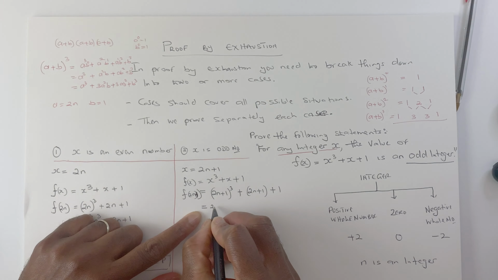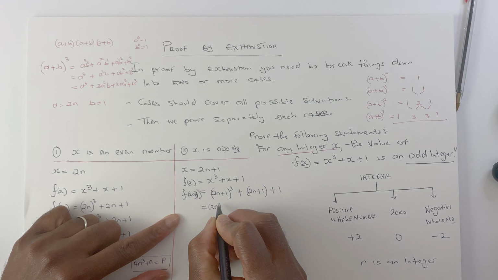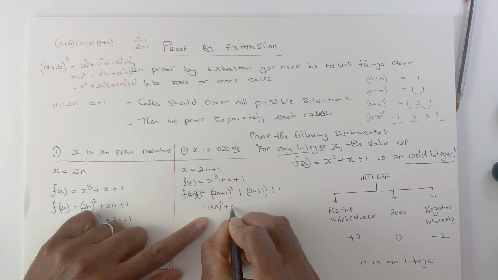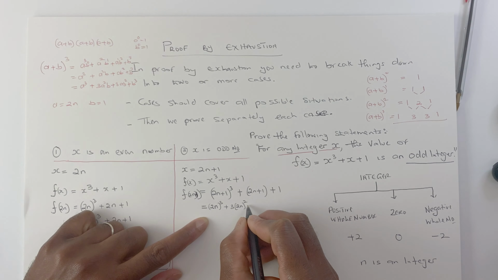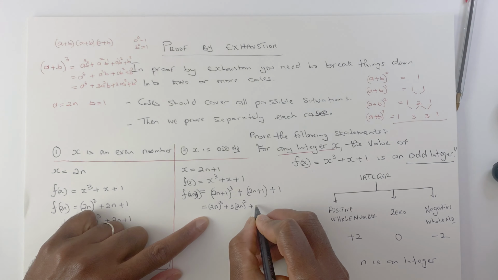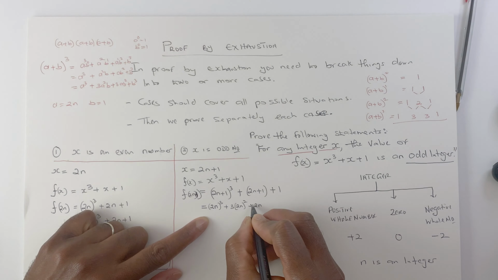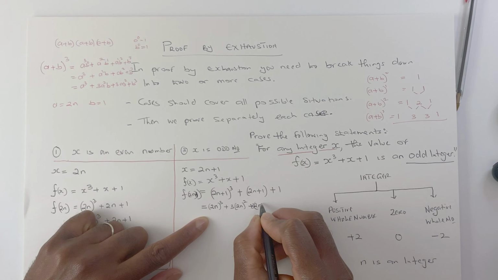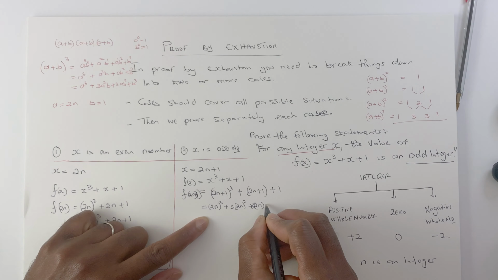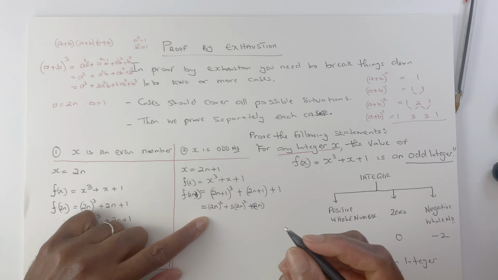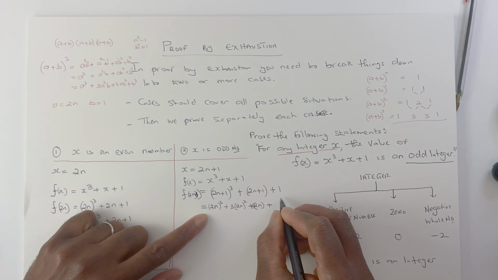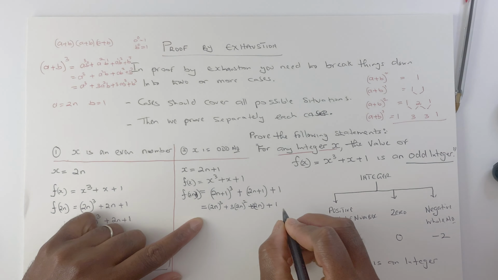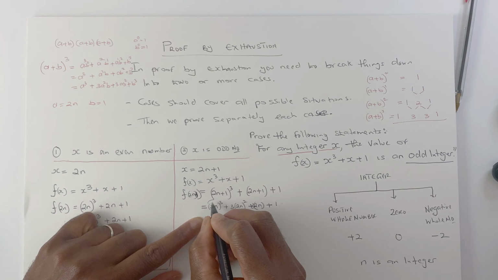I'm going to write (2n) cubed, plus 3 times (2n) to the power of 2 and then b, which is 1 to the power of 1, so that's just 1, plus 3 times (2n) to the power of 1 and b squared, which is 1 squared, so that's just 1, plus b cubed, which is 1 cubed, so that's just 1.